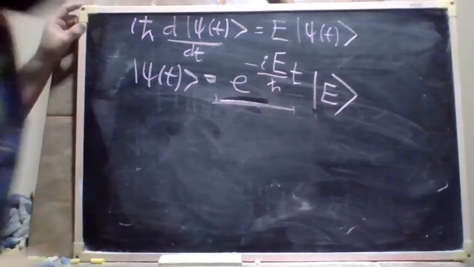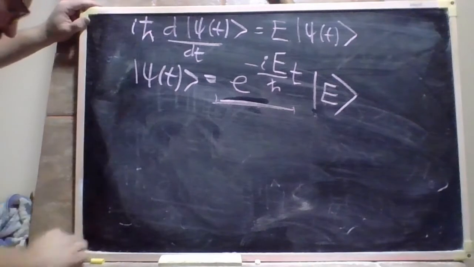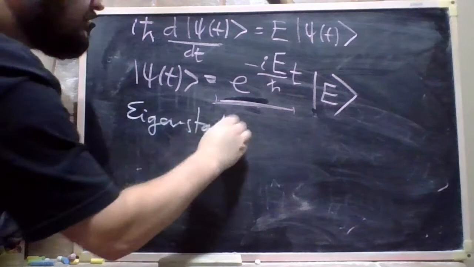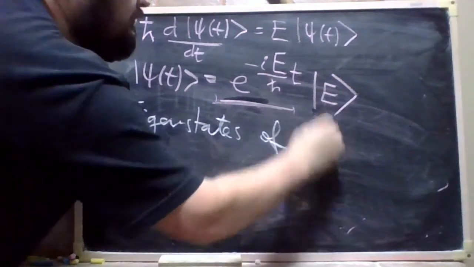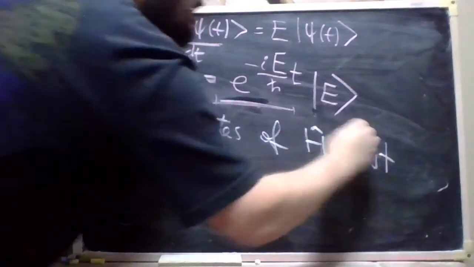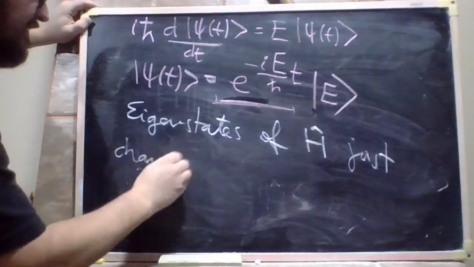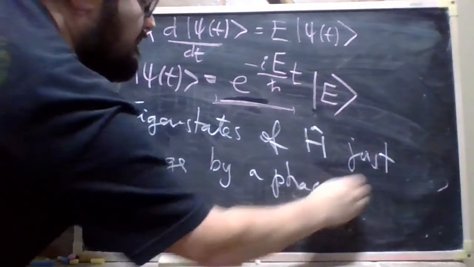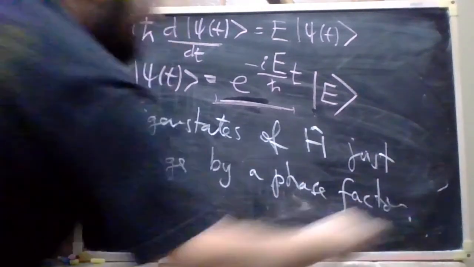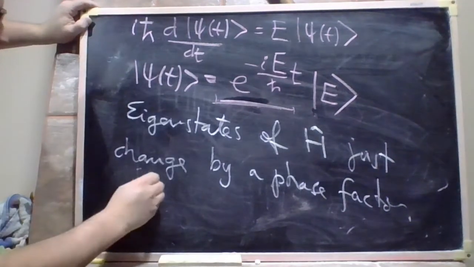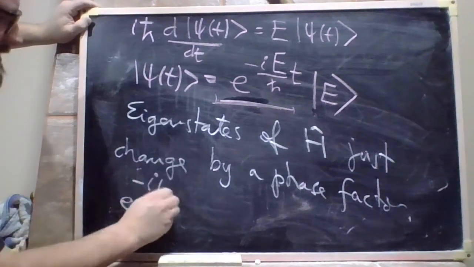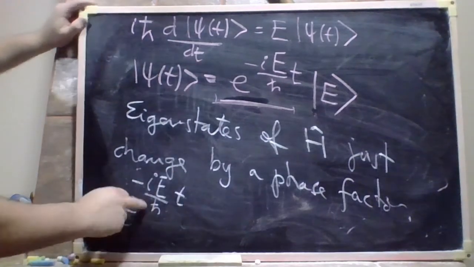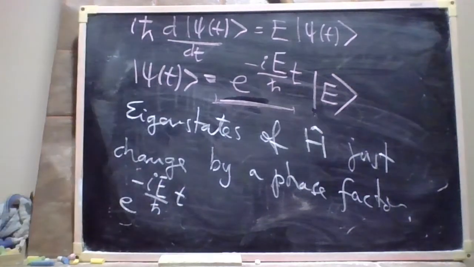Eigenstates of the Hamiltonian just change by a phase factor. So what is this phase factor? Exponential of minus i, the eigenvalue of the energy, divided by h bar multiplying time t.